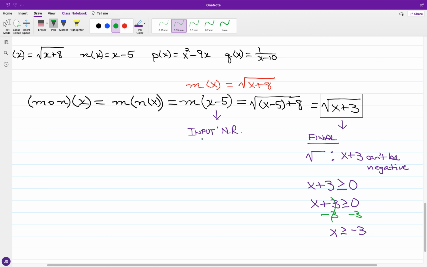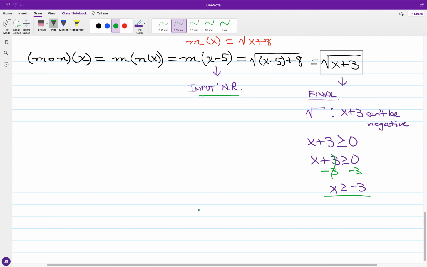So again, the input has no restriction. In the case of the final outcome, we have x is greater than or equal to negative 3. So the only restriction is x is greater than or equal to negative 3.